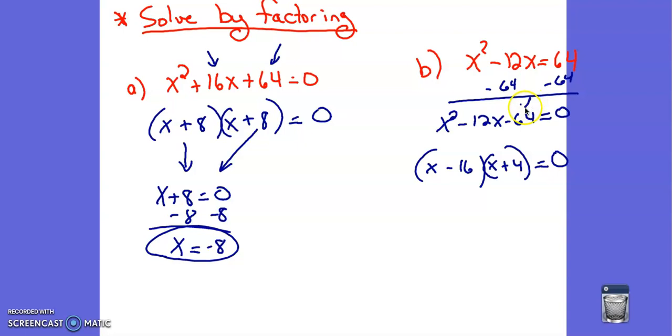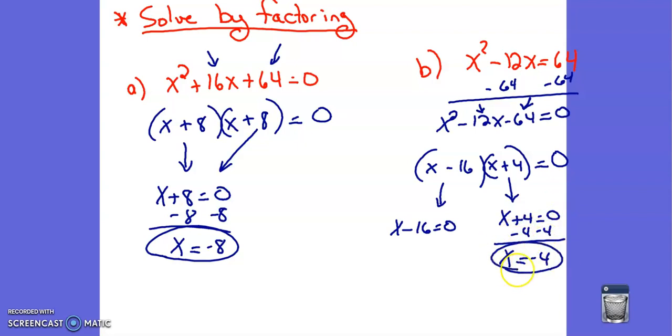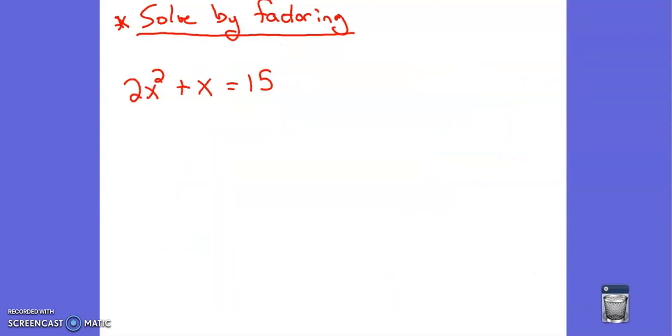Again, they multiply together to give me this, and they add together to give me that. And then you set this equal to 0, set this equal to 0, and you actually solve. x equals -4, x equals 16. And again, you can plug them back in to see if it equals positive 64.